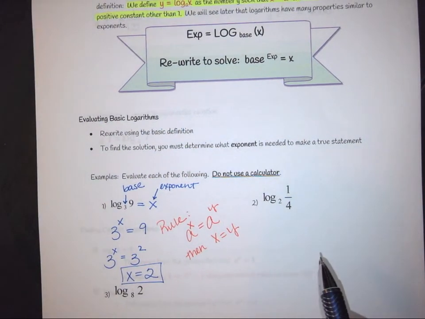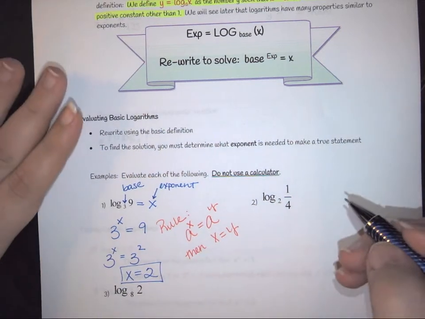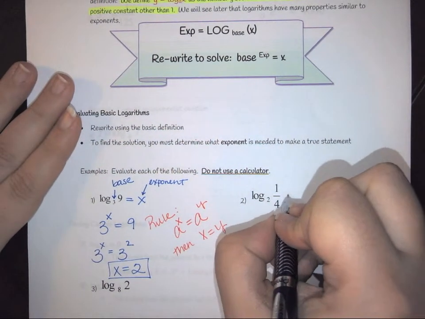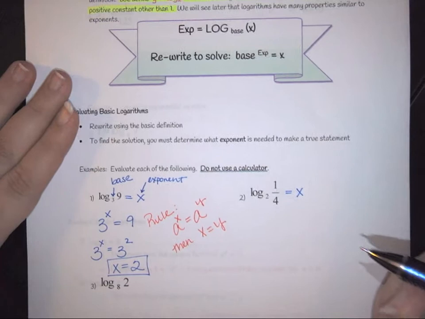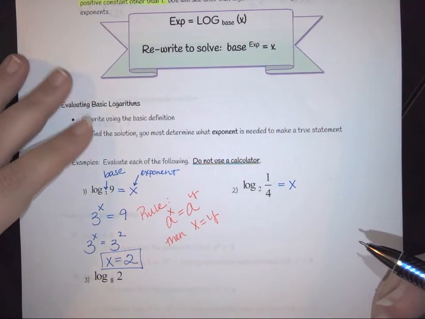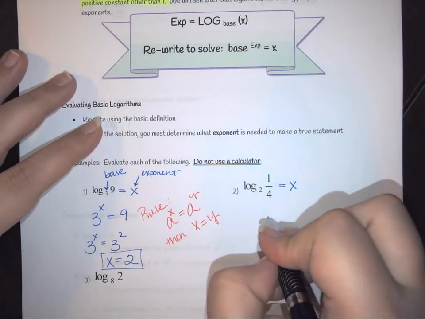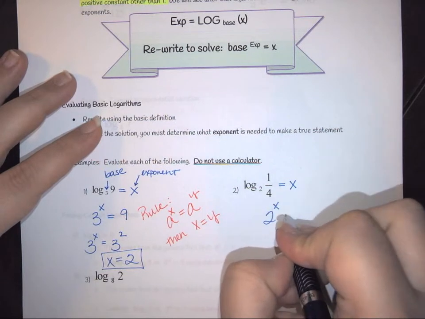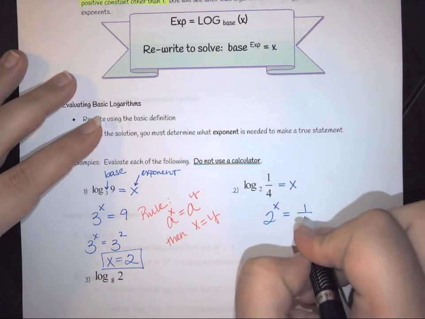Now, the other equation that we have has a fraction, so things are going to be rewritten slightly differently. Again, we can set this equal to x so that we can rewrite our equation. So we have 2 to the x is equal to 1/4.